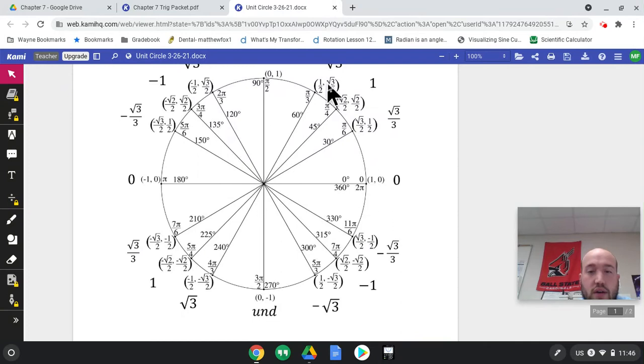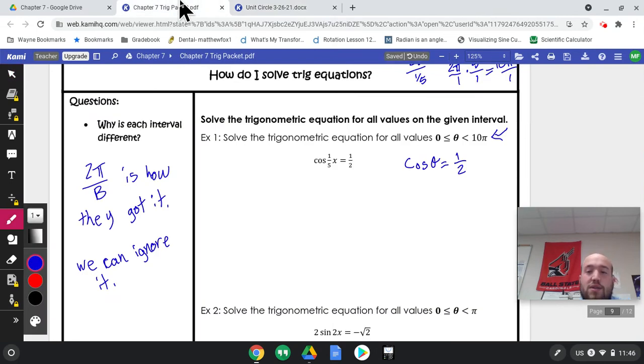We look here at pi over 3, it occurs, and then we keep going around, and it also occurs at 5 pi over 3. So the two spots are when theta is pi over 3 and when it's 5 pi over 3.